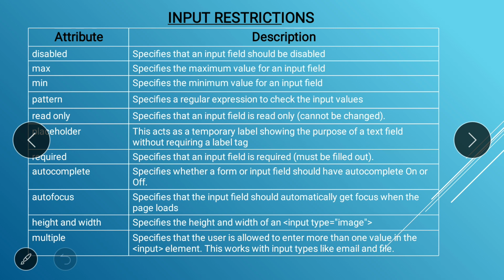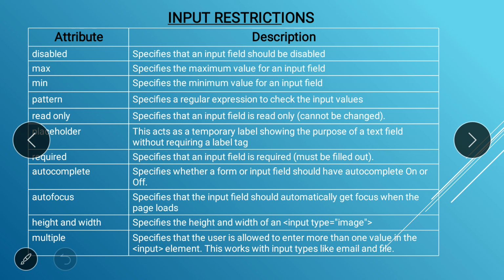This acts as a temporary label showing the purpose of a text field without requiring a label tag. It means you can provide a hint about what the user should enter in the text box. So placeholder is nothing but the hint given to the user.